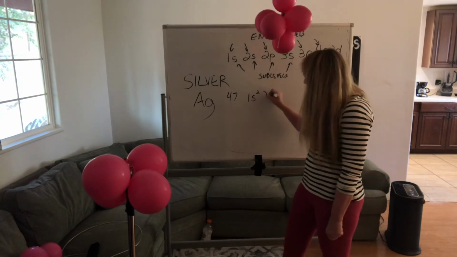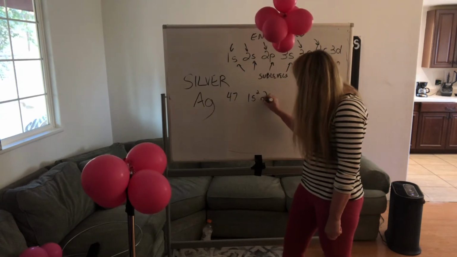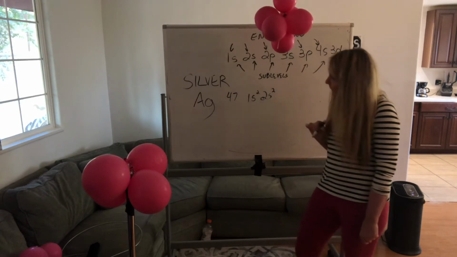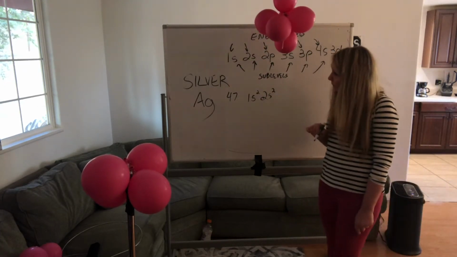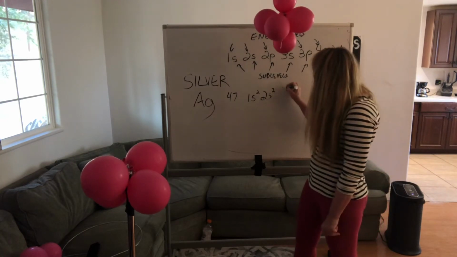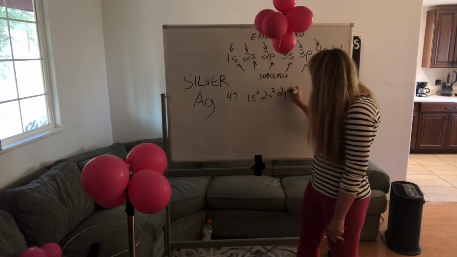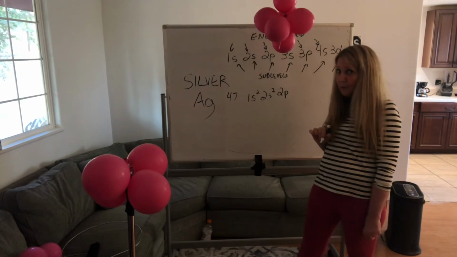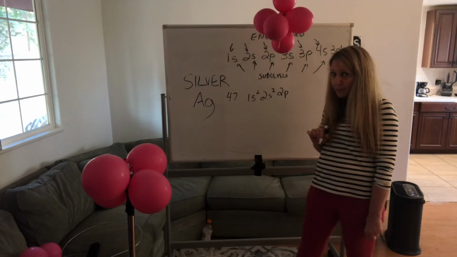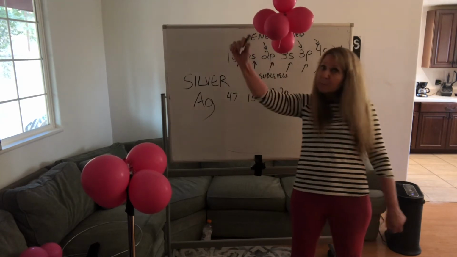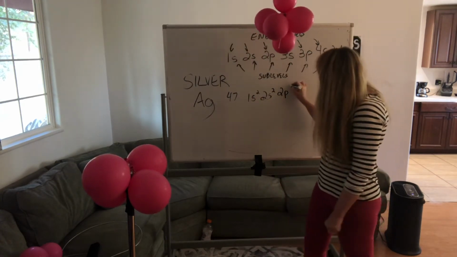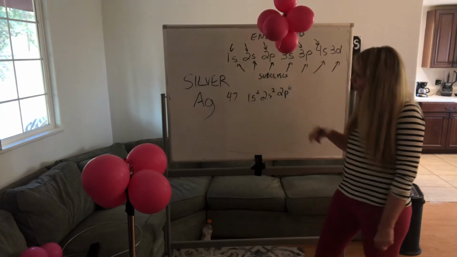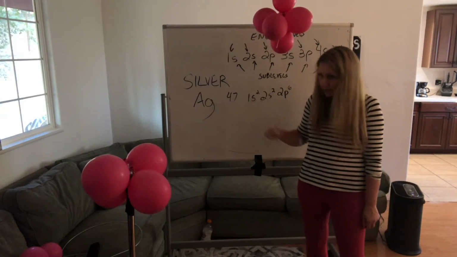Okay, 2s2. So we're down to 43 electrons. 2p. Remember, P can hold 6 electrons. This is an example of the p sublevel right up here. 6. So now we have 37 electrons left.